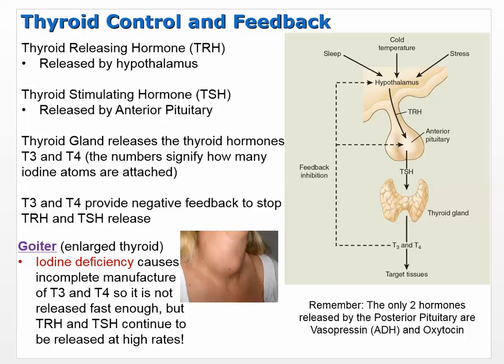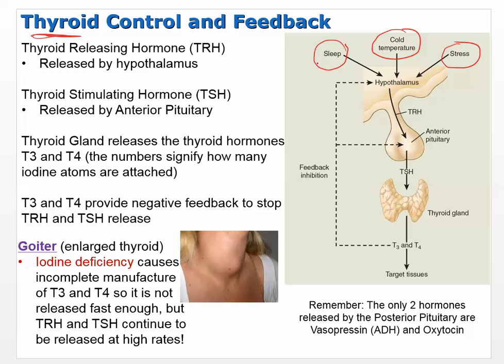So let's follow this process through with an example, and we're going to use as our example the thyroid hormone. Any of these inputs, so sleep, cold temperature, stress, are just a few of the things that may require the activation and release of thyroid hormone.